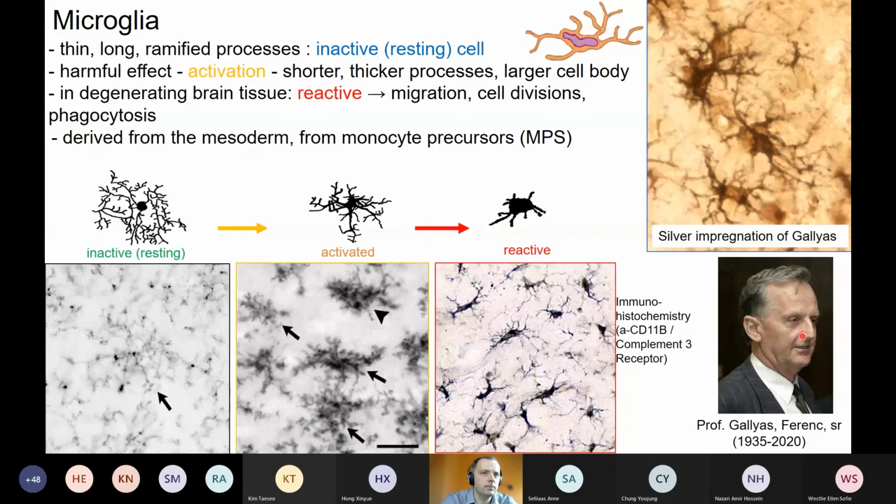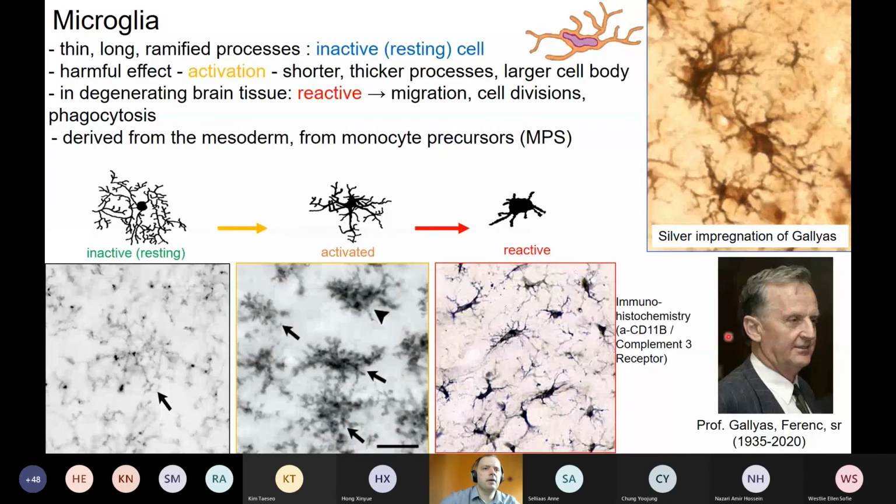Professor Gajas was a very famous neuroscientist, and he is worldwide known for his silver impregnation techniques. And one of them was directed to identify the microglial cells. And we were very proud that we were working together with him, and he passed away last year.